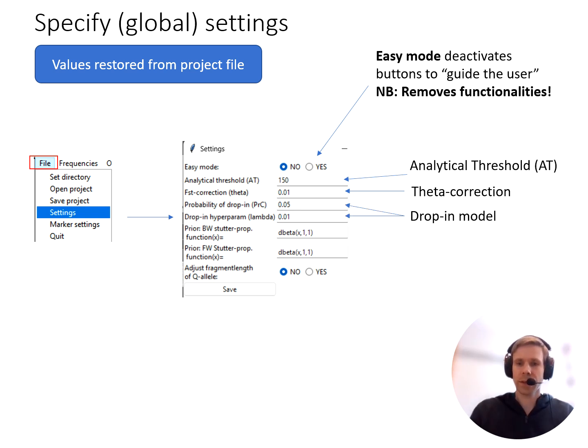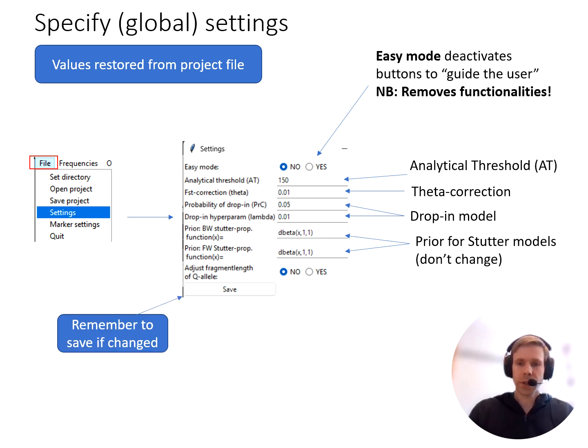Drop-in model specification is also useful to have a look at, but this is the default value which we use here now. It's also possible to define priors for the stutter models, but this is not something you will change. And of course, if you make any changes, you have to remember to click save here.